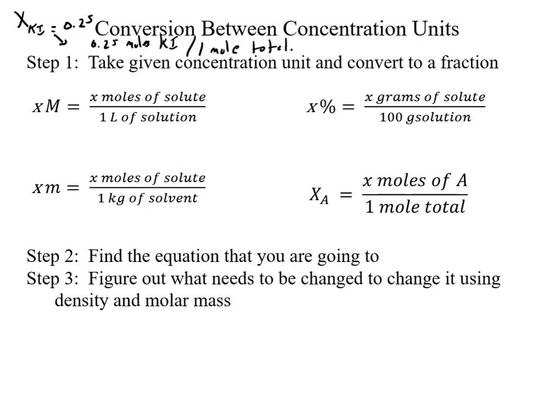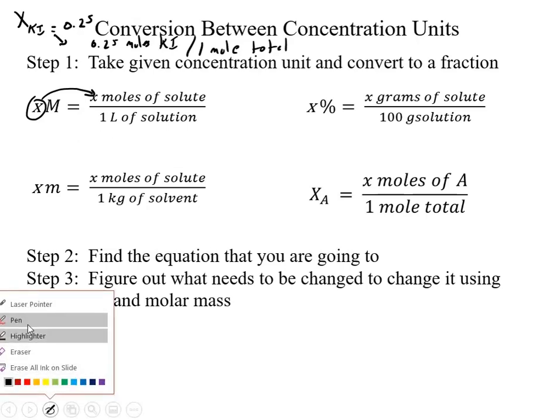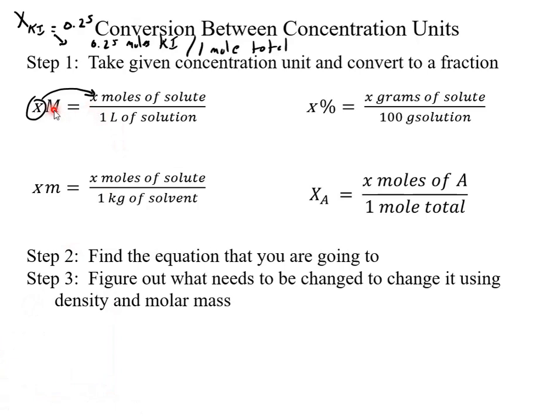And so that's actually going to be the first step when I need to go from unit to unit. So I'm going to take whatever this is, and I'm going to make that my numerator. And for most of these, the molarity, the molality, and the mole fraction, my denominator is 1.